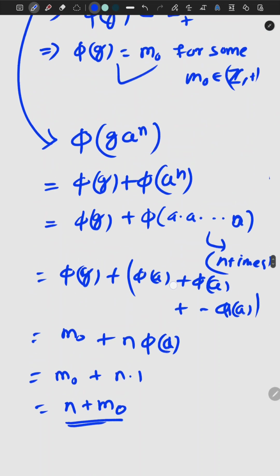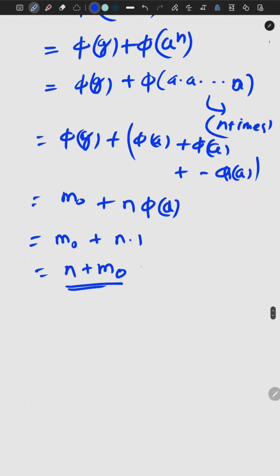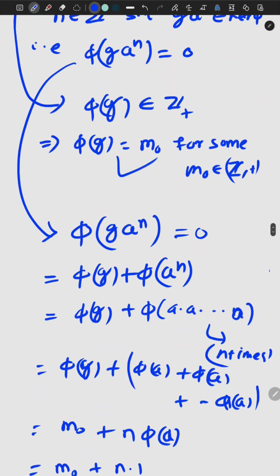To show that phi of g a to the power n equals 0, if we assume it is 0, then it gives n equal to minus m0. If we take n equal to minus m0, then we are done.